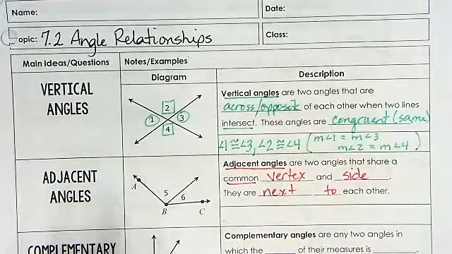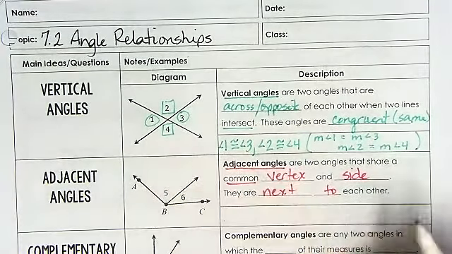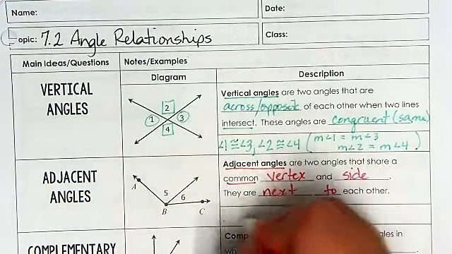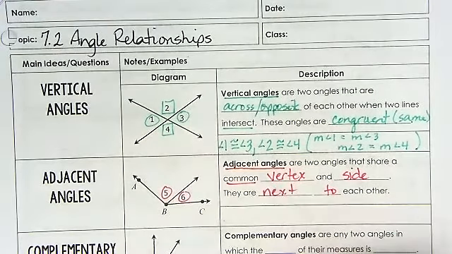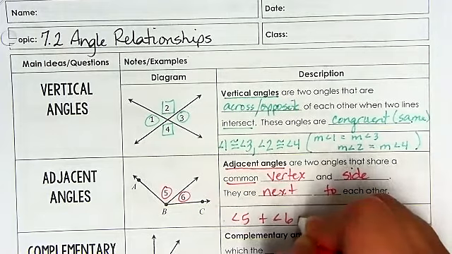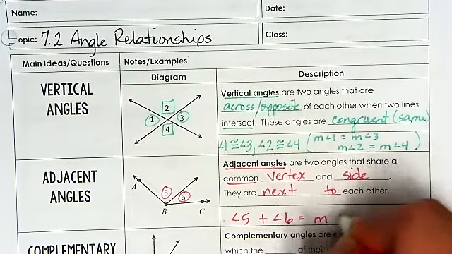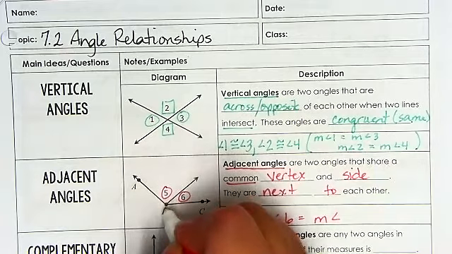They're right next door to one another. So 5 and 6 are adjacent angles. So we would say angle 5 plus angle 6 is equal to the measure of angle ABC.